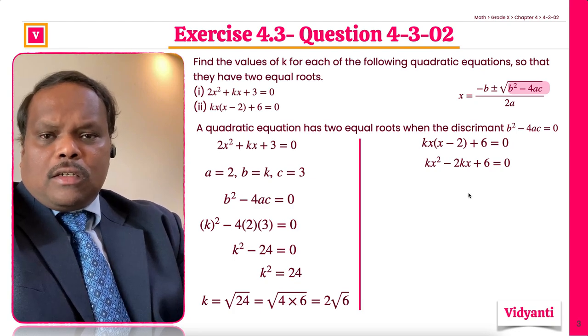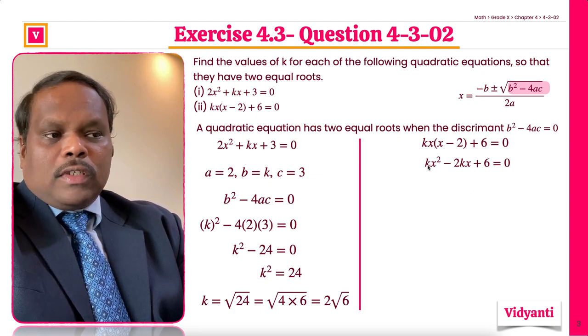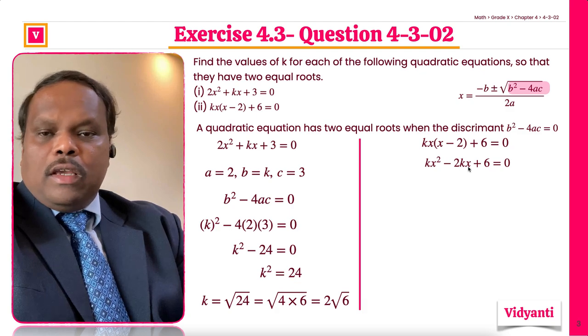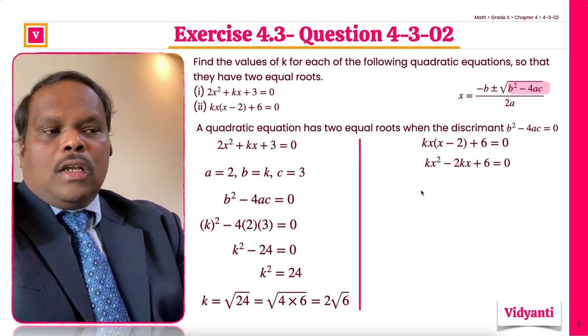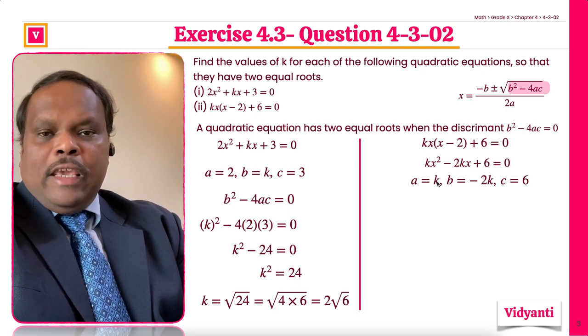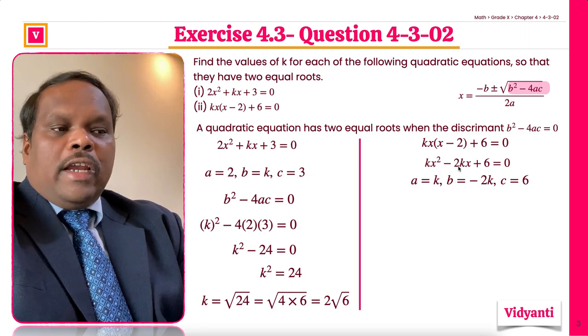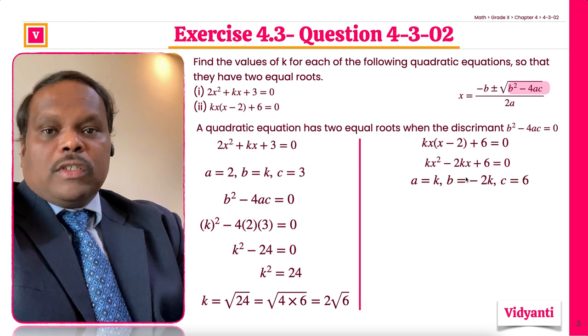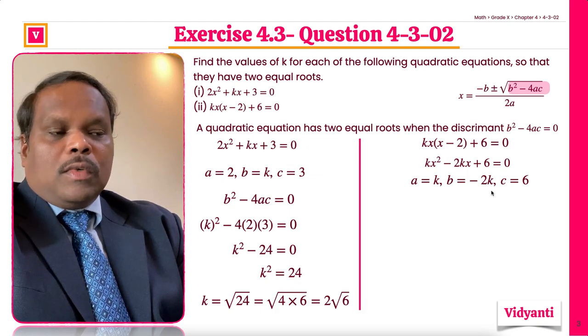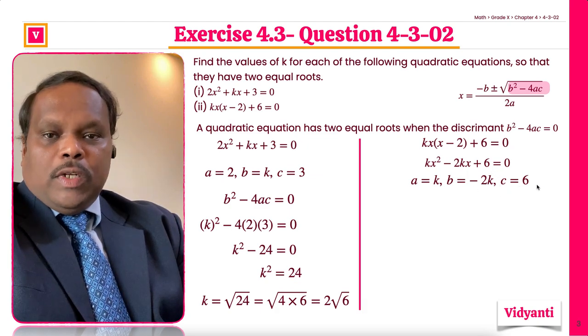Now it's in the standard form: we have something x square, something x, and then a constant. Now we can write a as k, the coefficient of x square. Negative 2k is b, because that's the coefficient of the x term, and the constant term is simply c, which is 6.